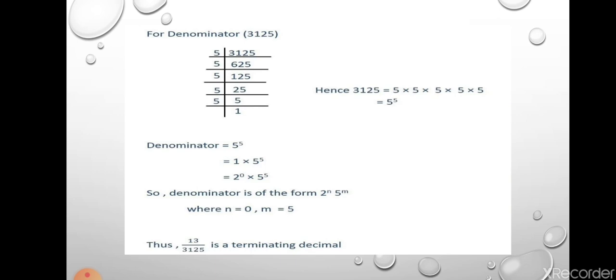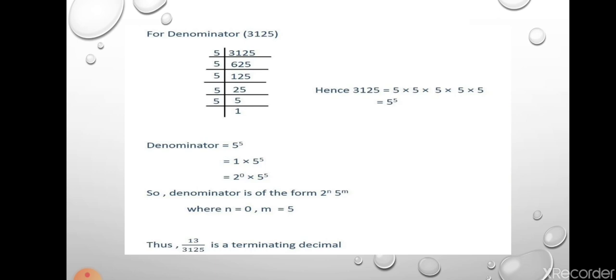After converting, we get 3125 equal to 5 to the power 5. That means the denominator is 5 to the power 5 into 2 to the power 0, because 2 to the power 0 means 1, you know it. So we can write it as 2 to the power 0 into 5 to the power 5. That means the denominator is of the form 2 to the power n into 5 to the power m, so the given rational number 13 upon 3125 is a terminating decimal.